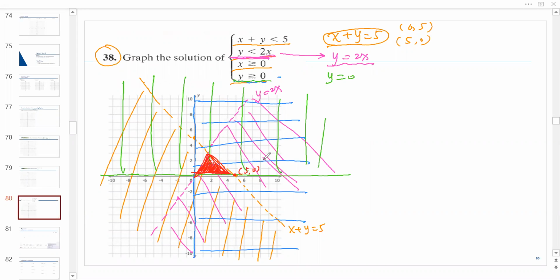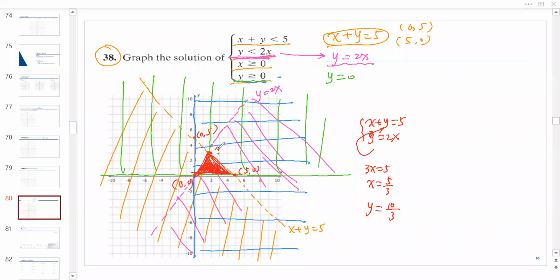So we know this dot is what? 5, 0, right? This is 0, 5. This is 0, 0. What about this dot? We didn't find this dot yet, right? Okay, let's find out. So this dot is actually the crossing of this one and the other one, y equal 2x. Okay, so we got what? We replace y here. So got 3x equal 5, x equal 5 over 3, y equal 10 over 3, 2 times that, right?